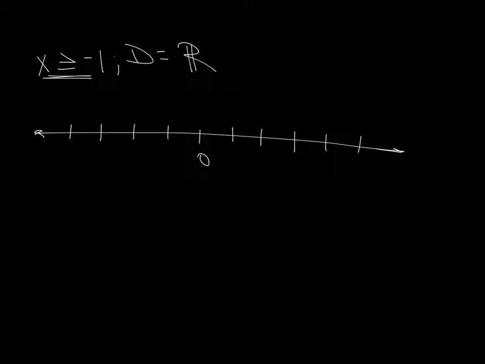Does it include -1? Yes. So it's a solid circle to show that we're including -1 in our answer. And it says it's bigger than. Bigger always means to the right: numbers that are bigger than -1. If we would have gone to -2, that's a smaller number because it's in the negative direction. So that would be the graph of that.